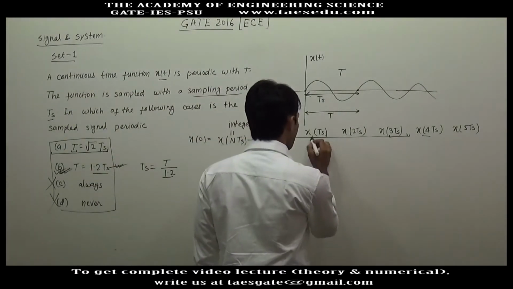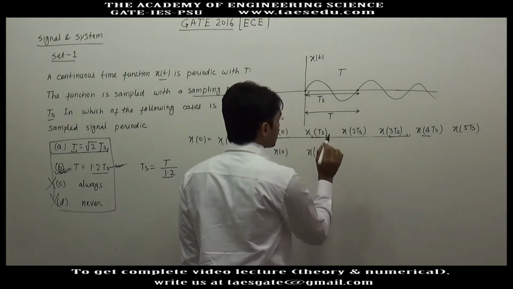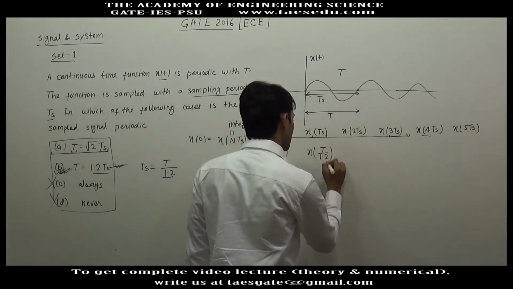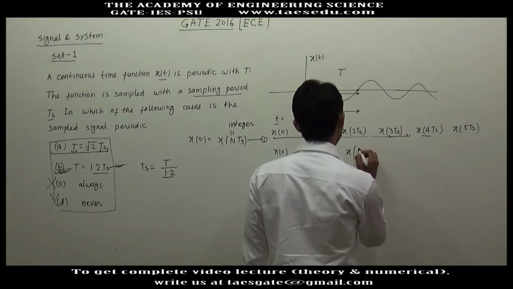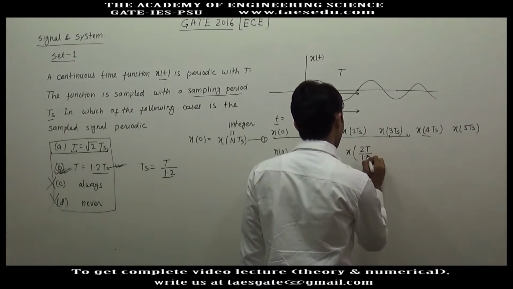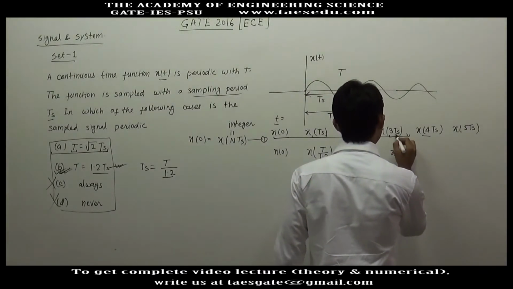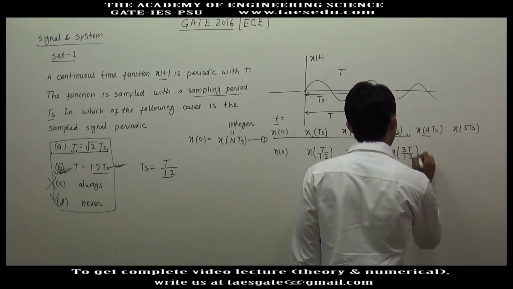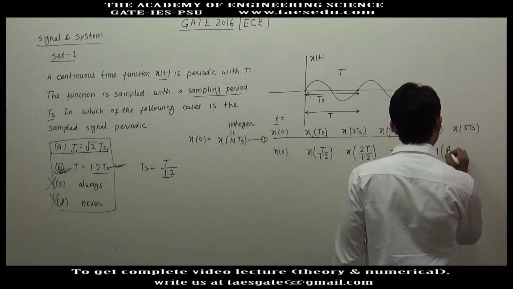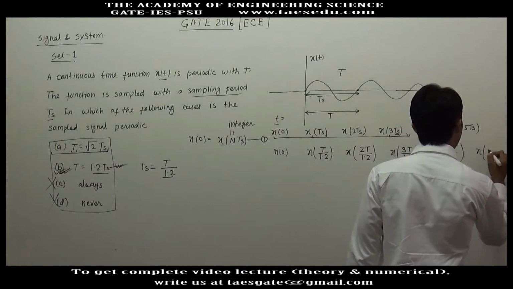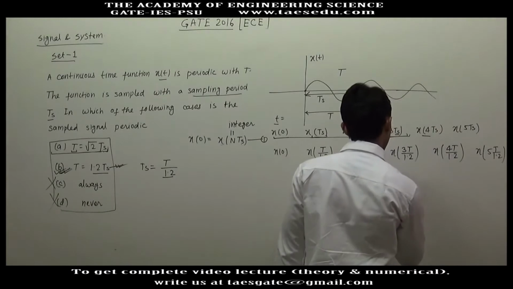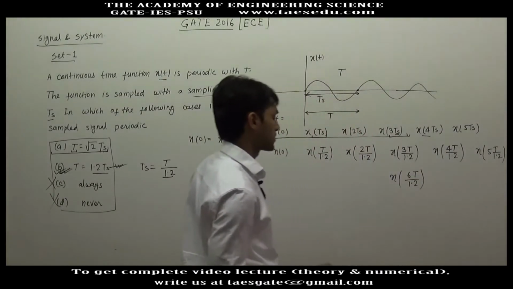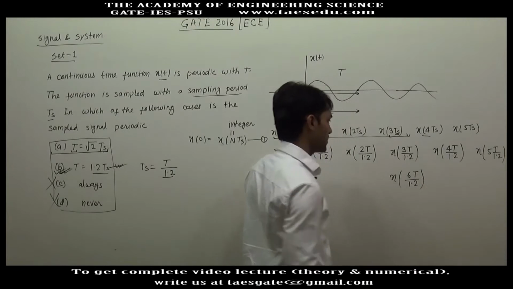Here you will get the sample as the value of the continuous time signal at t equal to capital T divided by 1.2. x2Ts will be 2T divided by 1.2, x3Ts will be 3T divided by 1.2, then 4T divided by 1.2, 5T divided by 1.2, and 6 into capital T divided by 1.2.